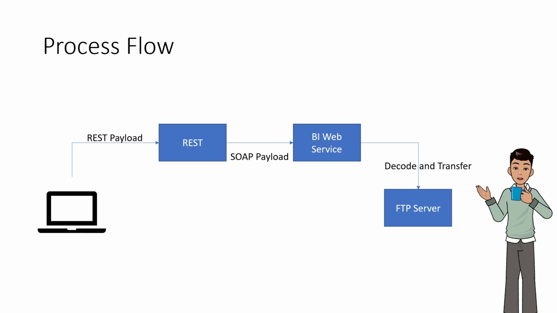We can have one parameter or multiple parameters, it doesn't really matter, but I'm going to show you this example with multiple parameters. So the user passes that information, we take that information, then pass that to the BI Publisher web service, and then the report gets invoked. We decode the output as a file reference and pass it to the FTP adapter, which will then move the file to the FTP server.